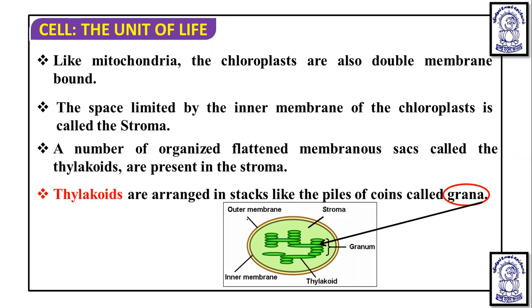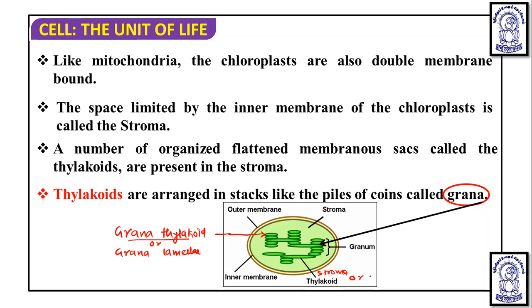And you can see here, this is the outer membrane, this is the inner membrane, this is the stroma, this is the thylakoid. See, the thylakoid which is present in this granum is known as grana thylakoid, or we can call it grana lamella. Whereas this is the stroma thylakoid actually, which connects the grana.